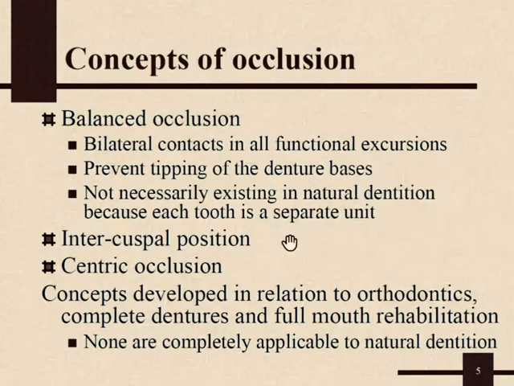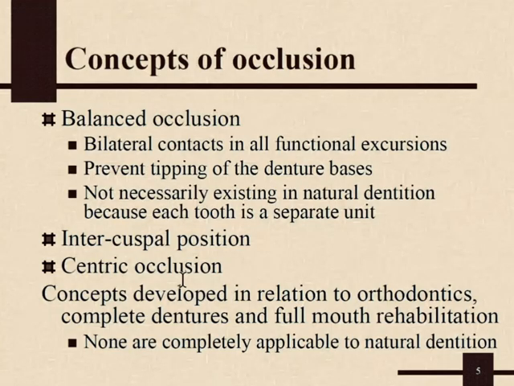Now, we have also centric occlusion. We have the intercuspal position of the teeth. What do you mean by centric occlusion? It means maximum intercuspation. The relationship between the cusps is in maximum intercuspation, and the contact attained between the maxillary and the mandibular posterior teeth is at maximum.